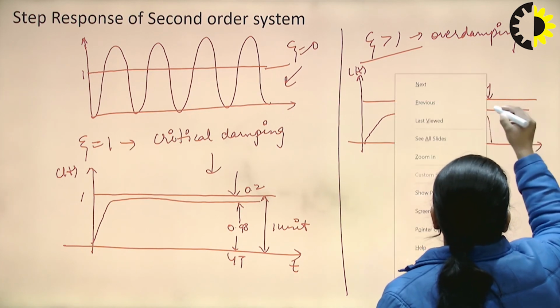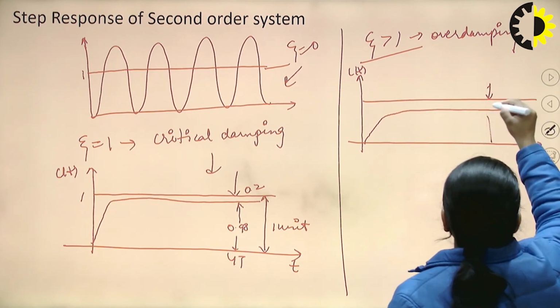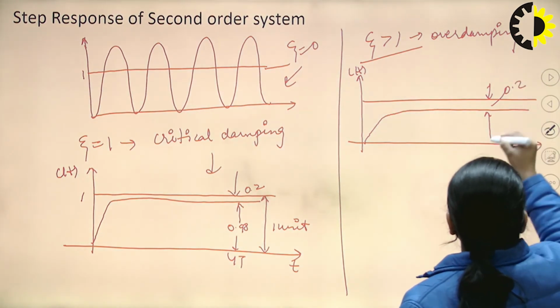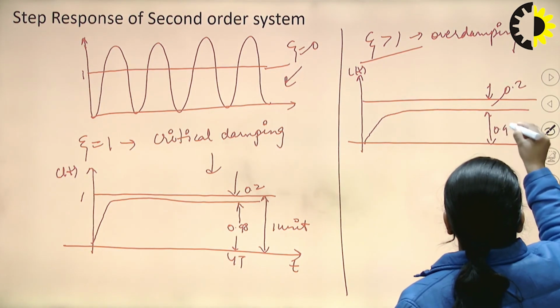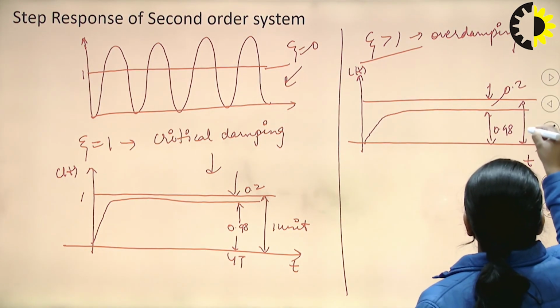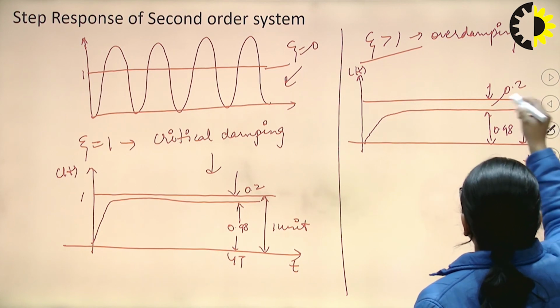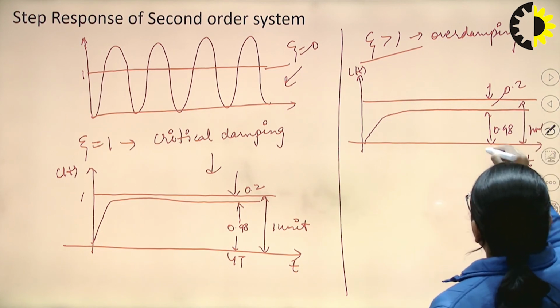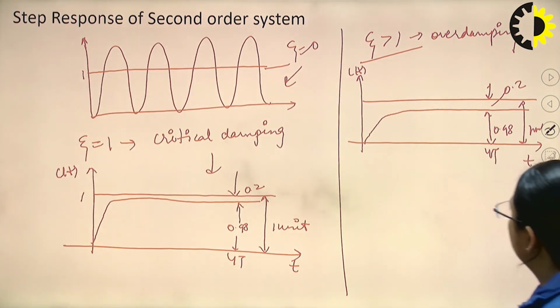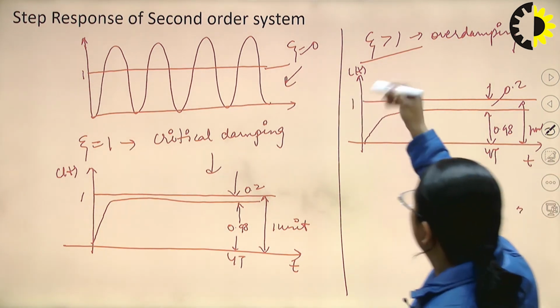This is 0.2 and this is 0.98 and this whole is 1 unit. Okay, this is around 40. So this will be the case for overdamping.